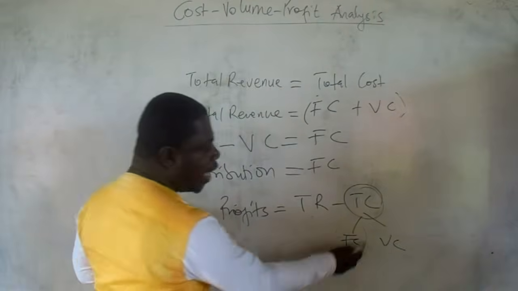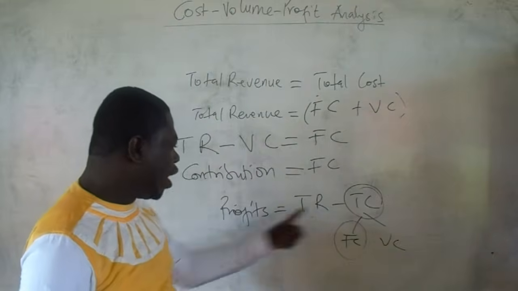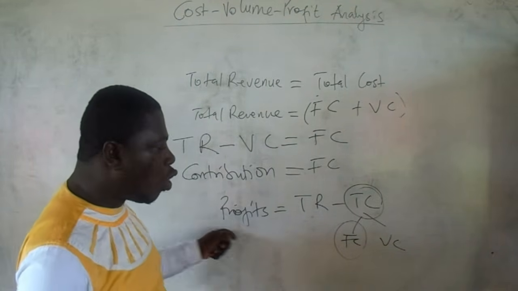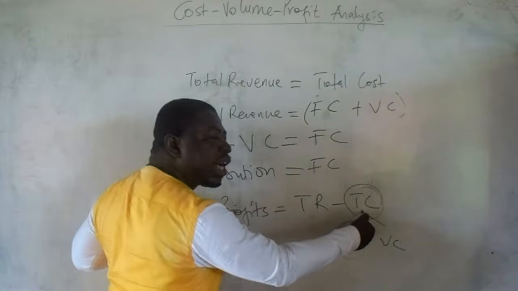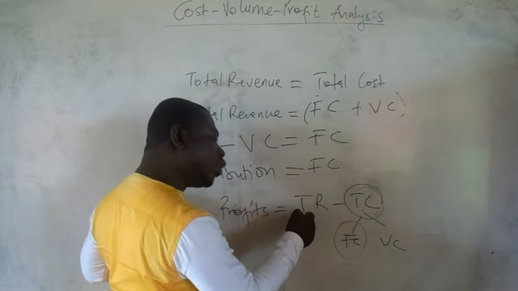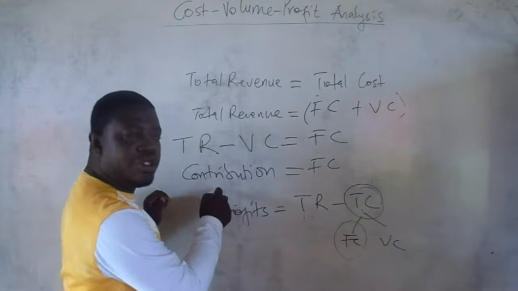Now, if you should eliminate the fixed cost component from your total cost, whatever you have now will no more be profit. It will not be called profit because you are not taking out total cost from total revenue. You are just taking out the variable cost from total revenue. And so whatever you have, instead of calling it profit, we call it contribution.